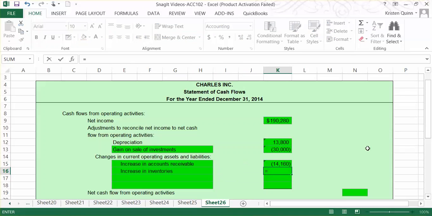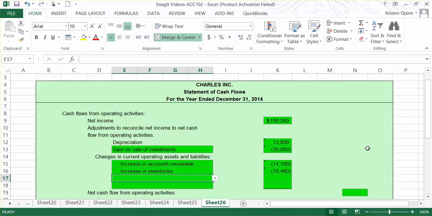Investments, land, and equipment are all considered non-current assets, and any changes in those accounts will be handled in our investing section. So we go to our accounts payable. Last year, $303,720 versus this year of $318,360. So we have an increase in accounts payable.